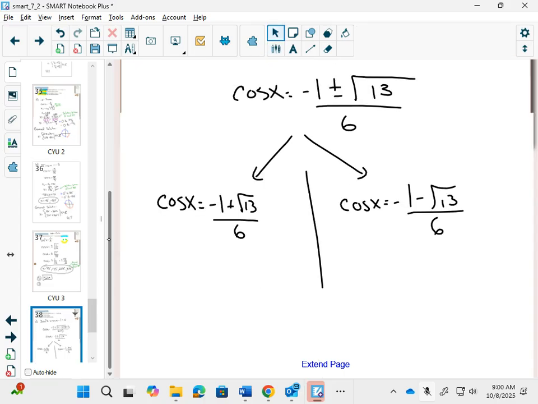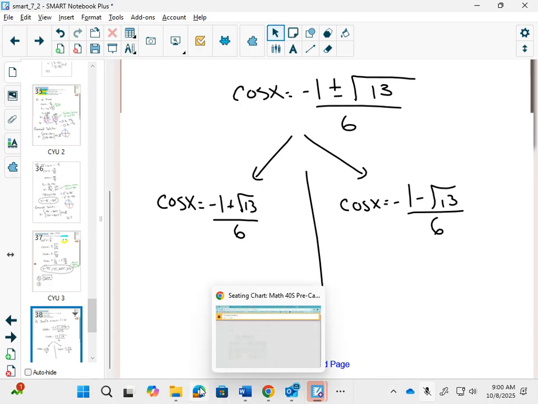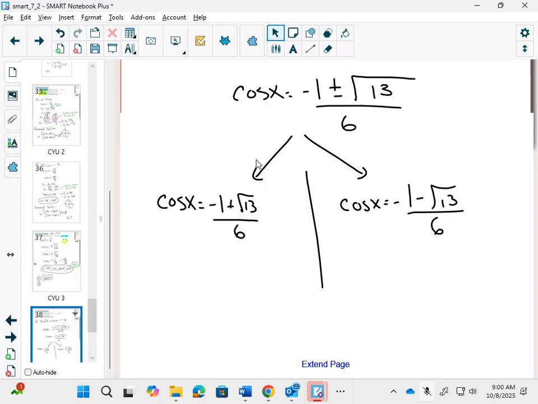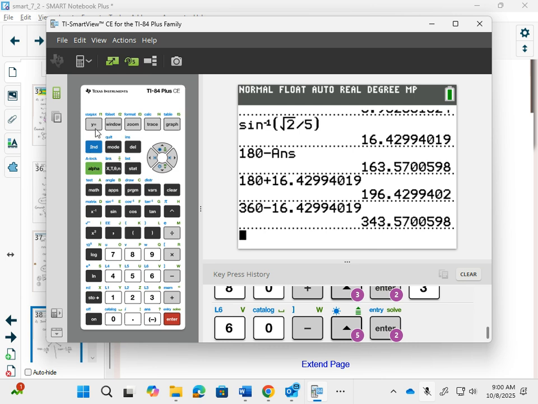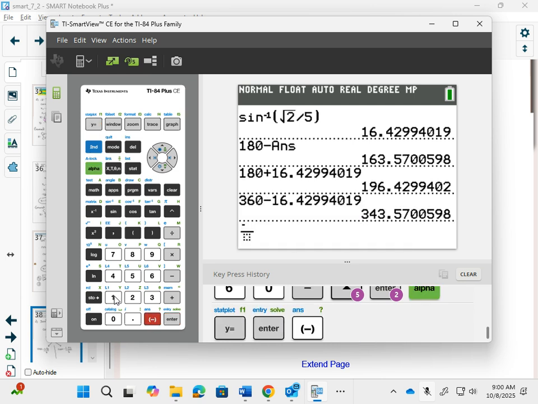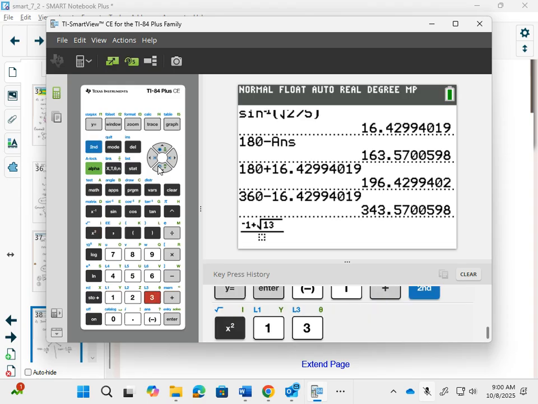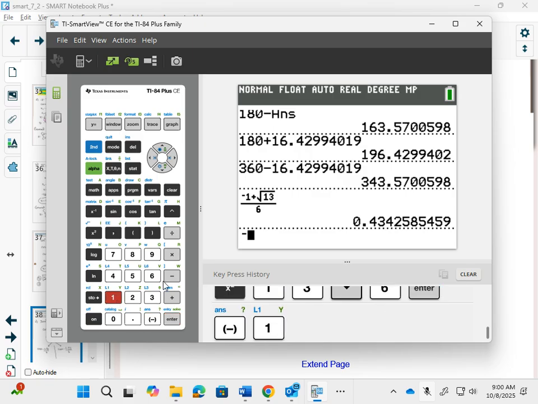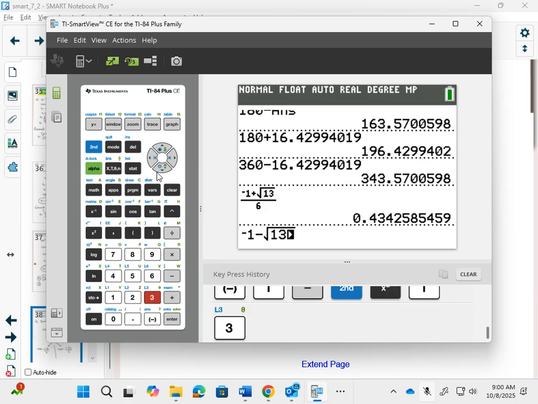And I'm going to change both of these to decimals for 2 reasons. 1, if I change it to a decimal, it'll tell me if it's positive or negative. So I've got negative 1 plus the square root of 13 all over 6, and I had negative 1 minus the square root of 13 all over 6.